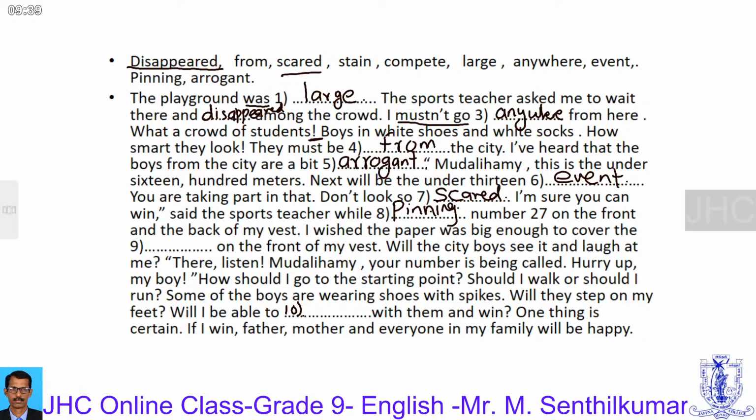Right? While pinning number 27 on the front and back of my vest. Vest, you know. Right? We normally call it beneath. Right? I wished the paper was big enough to cover the dash on the front of my waist.